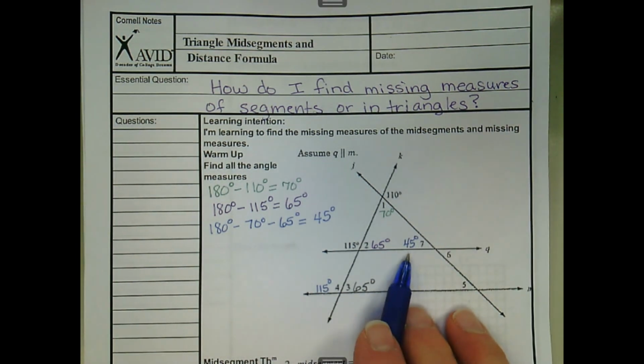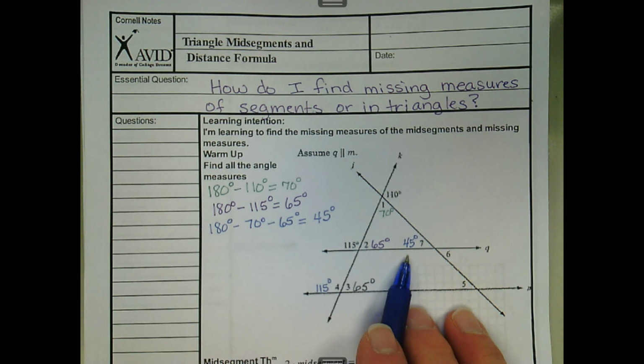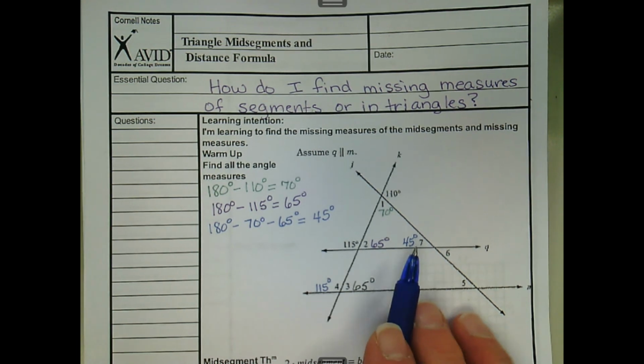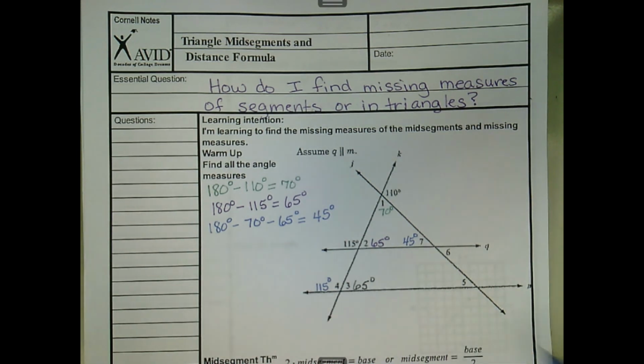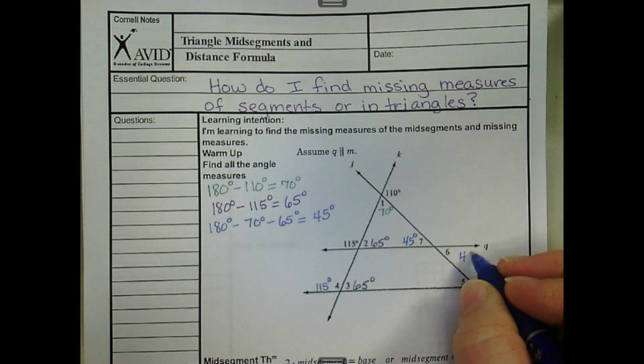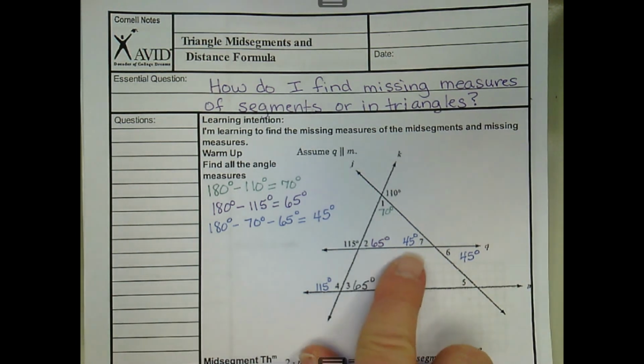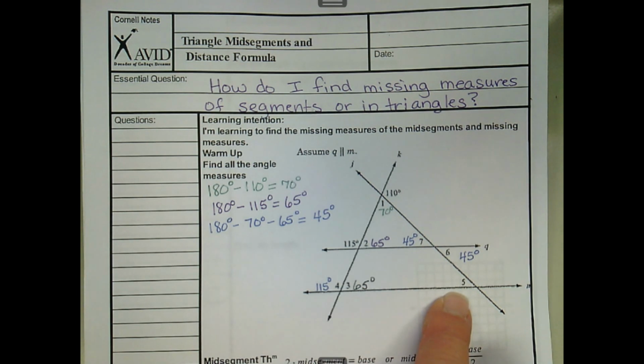Okay, I know the other two without any math at all. If 7 is 45, then 6 is also 45 because they're vertical. If 7 is 45, 5 is also 45 because they are corresponding.